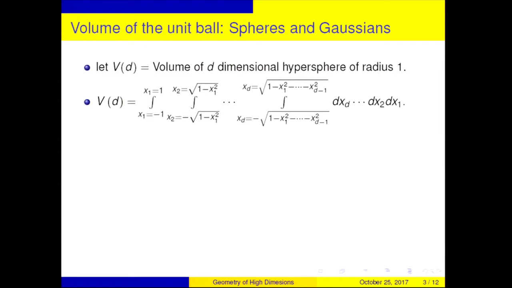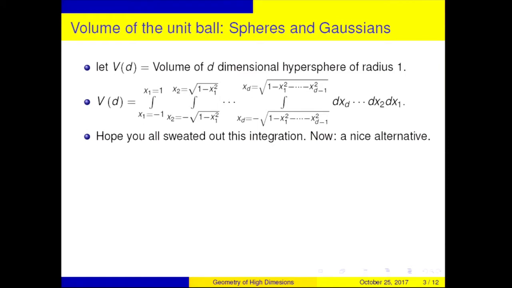That's a little bit of an odd notation because it's d of x1, x2, and so on, because we have d dimensions, d of xd. Bear with that. Of course, x1 goes from -1 to +1, and once I fix x1, x2 squared can be at most 1 minus x1 squared, because we are inside the unit sphere. So these are the limits. This is the integral. And yesterday I said try integrating it, and I hope you did.